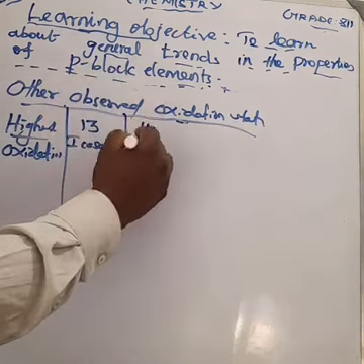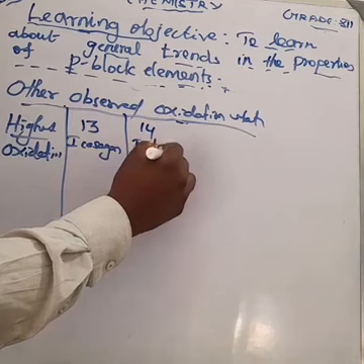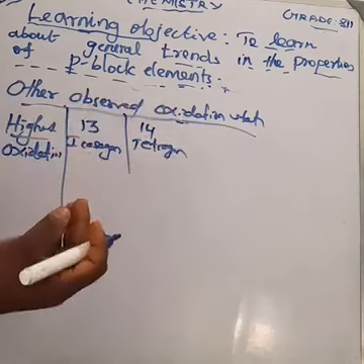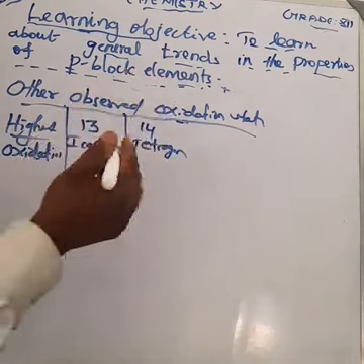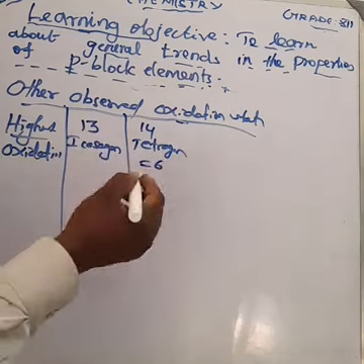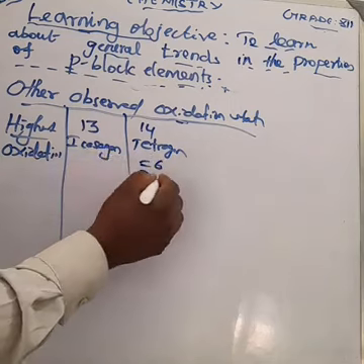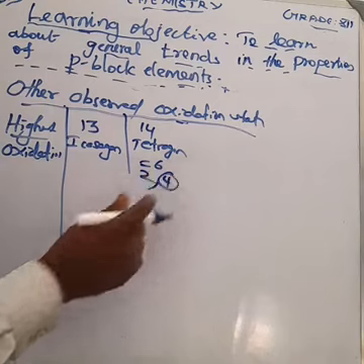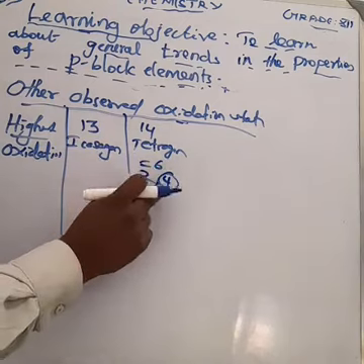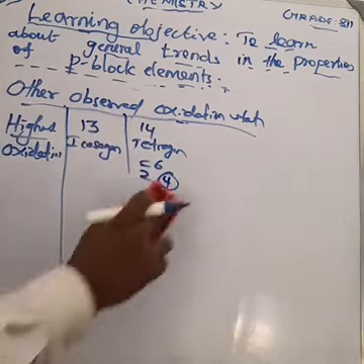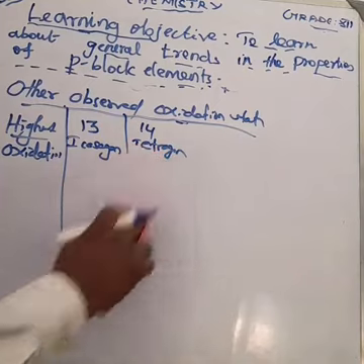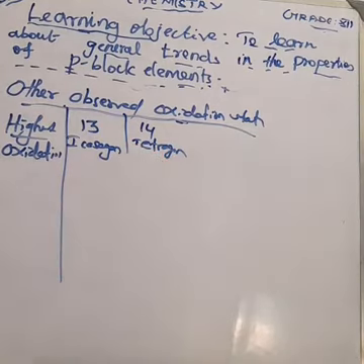Next, the 14th group is the tetragen. Tetra means 4, am I right? The atomic number of carbon is 6. The first shell accommodates 2 electrons, the second shell 4 electrons. 4 means tetra, so the carbon family we call tetragen.